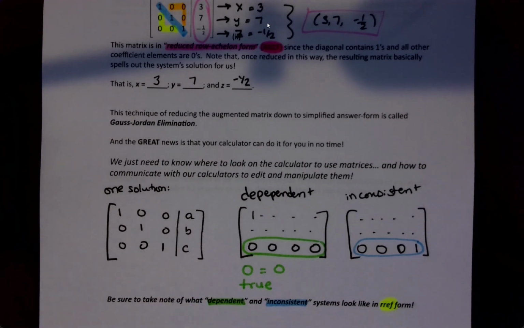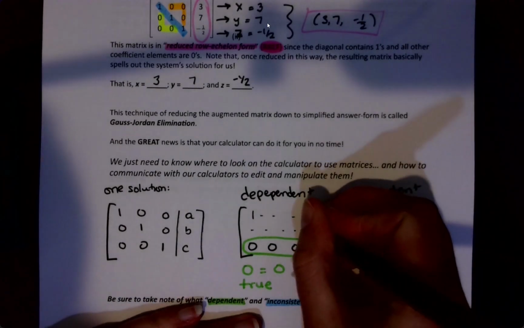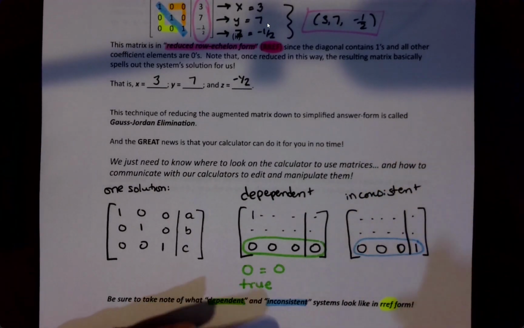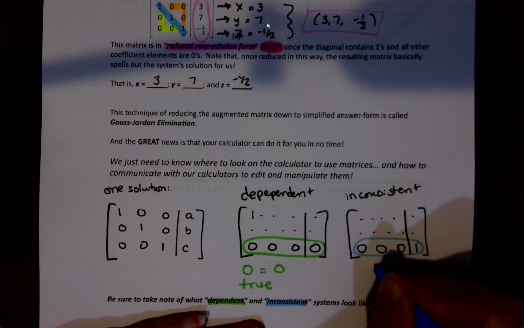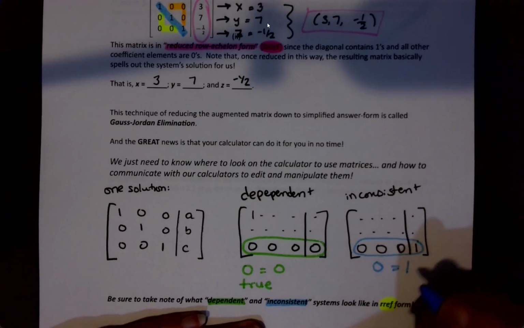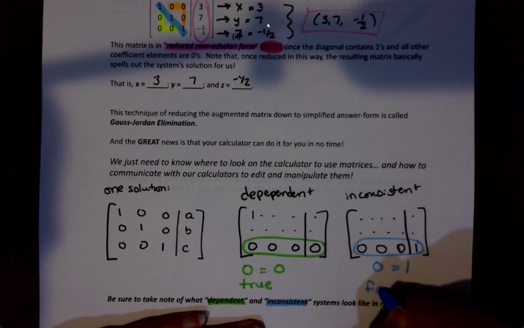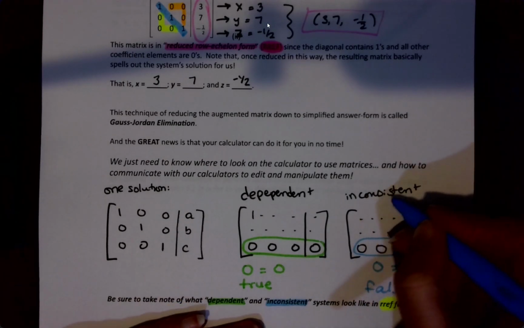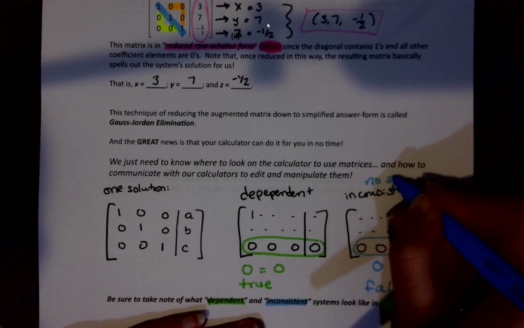I didn't draw the equal bar here because I was thinking calculators don't draw those in. Let me draw it in right here though. This is stating that 0 is equal to 1, and that is going to be false. And so the inconsistent case right here is our no solution case.